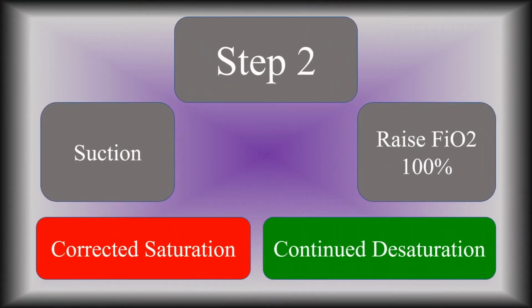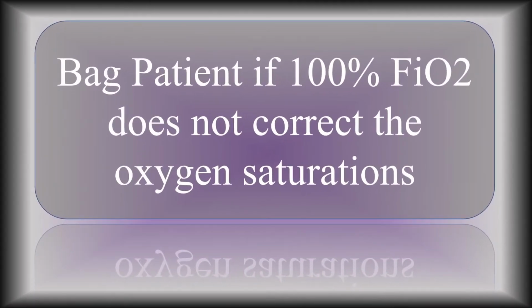Step 2, suction your patient and raise the FiO2 to 100%. And this again is assuming that the nurse is the only person there. Let's say this doesn't work and your patient has continued desaturation, you continue on to the next step. Bag the patient if 100% FiO2 is not good enough to correct the saturations, right?